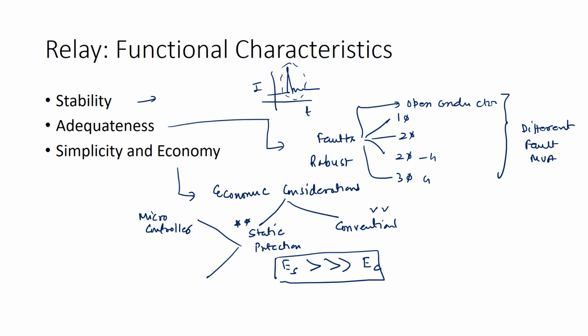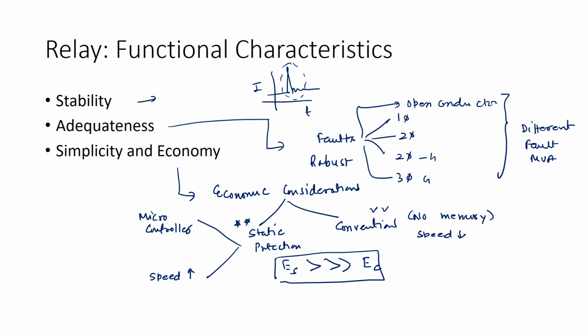These can record memory, while the conventional ones have no memory. So these static relays have memory and better anticipation, and the speed of this protection system is very high as compared to these.